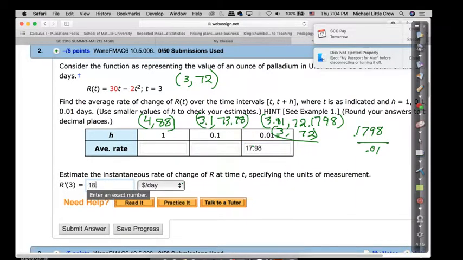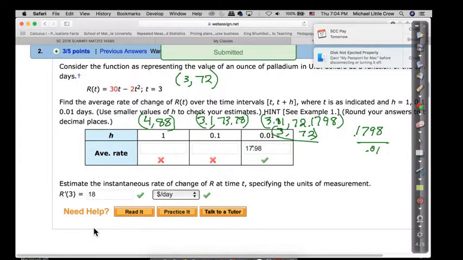They're wanting us to take that leap of faith that we're getting closer to 18. That's got to be the slope at that point. We're missing the other two, but they would have probably slowly gotten us closer to 18. I'll let you do those. Let's see if we got this right. We got the 2-part that we answered. The other 2, you'll just have to work on. But remember we rounded this to 0.18, so she had 18 in here.